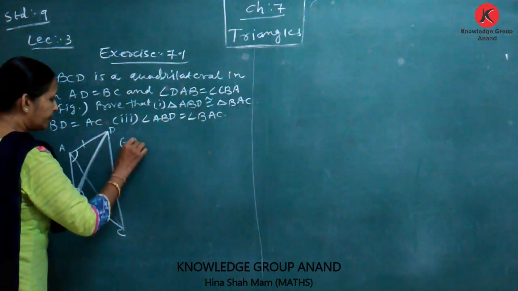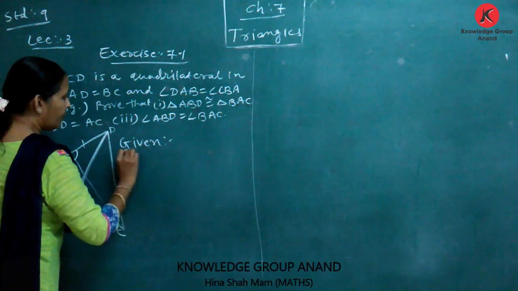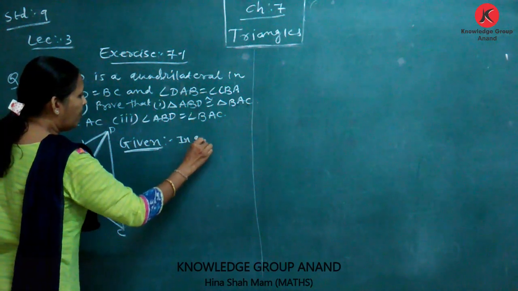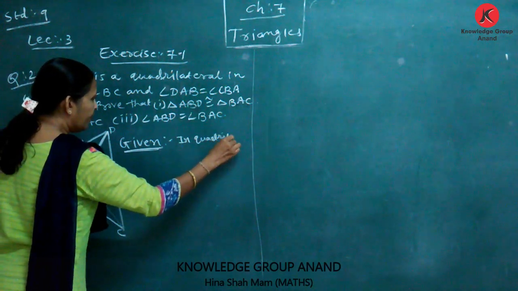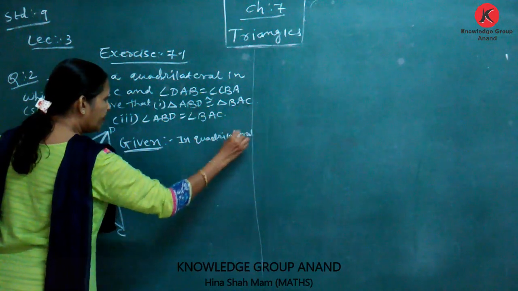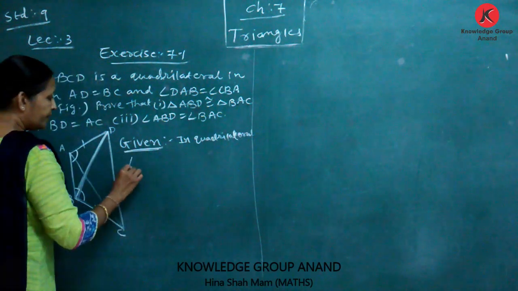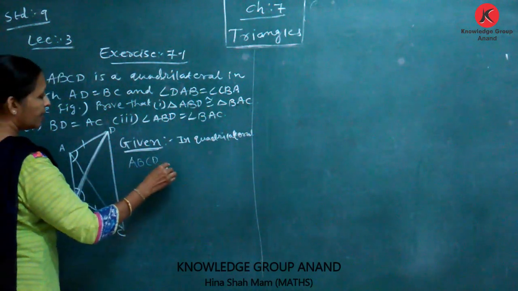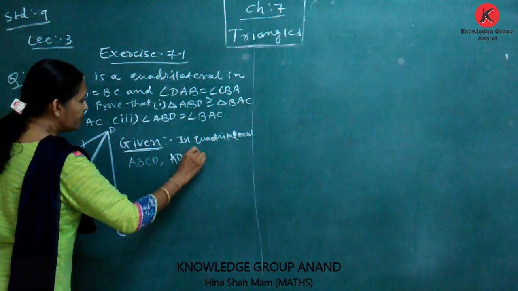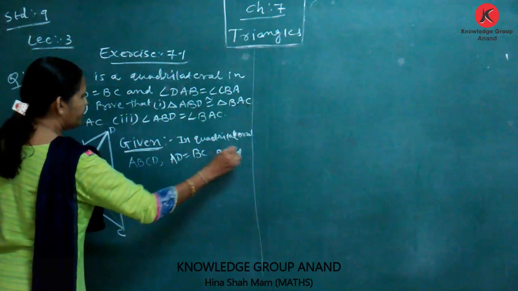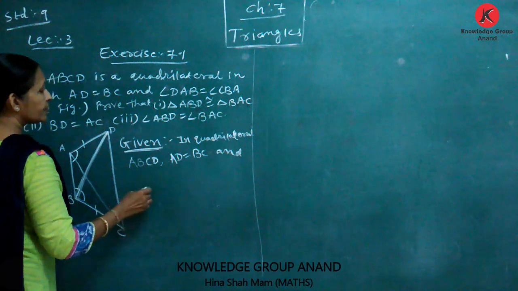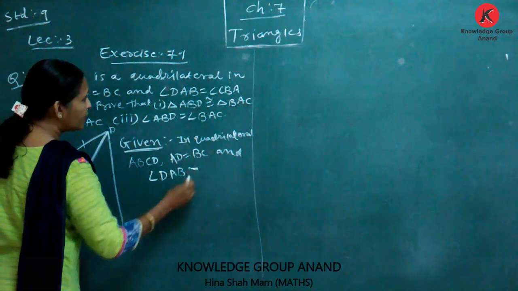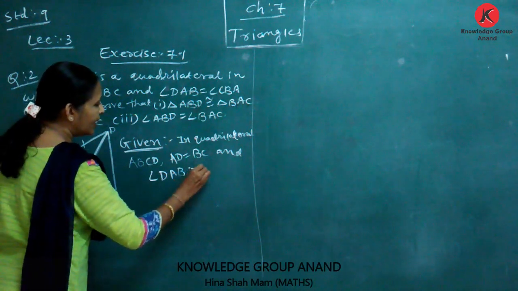Given: in quadrilateral ABCD, AD is equal to BC and angle DAB equals angle CBA.